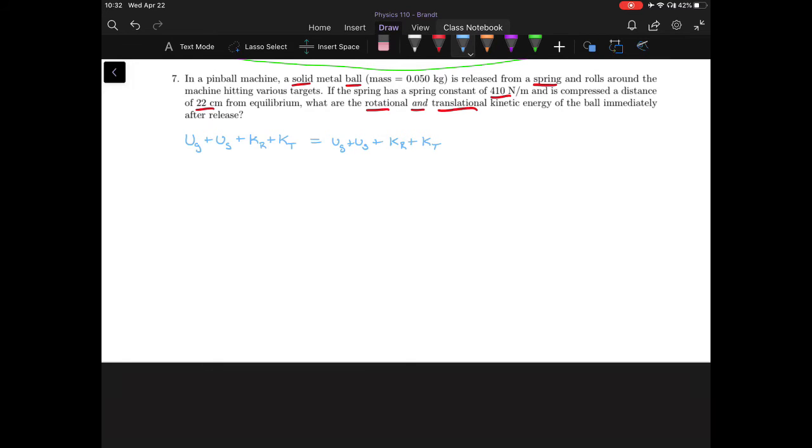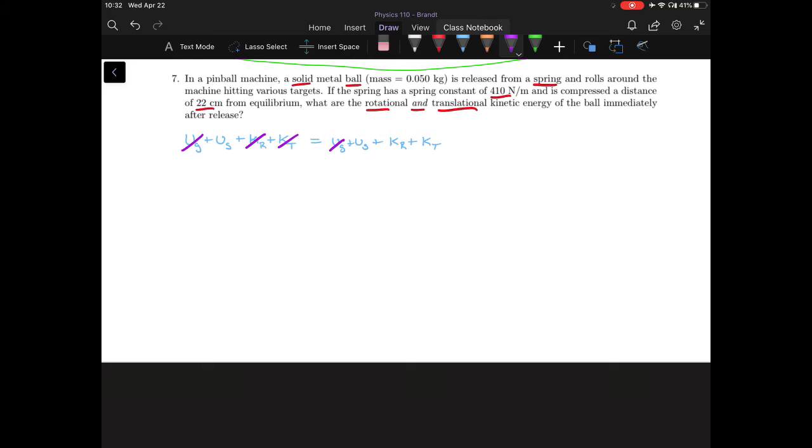So now, point 1 is going to be when the spring is fully compressed. And nowhere in here does it say anything about gravity. So gravity goes away. And before we start moving is when the spring is compressed, so that we have no kinetic energy.